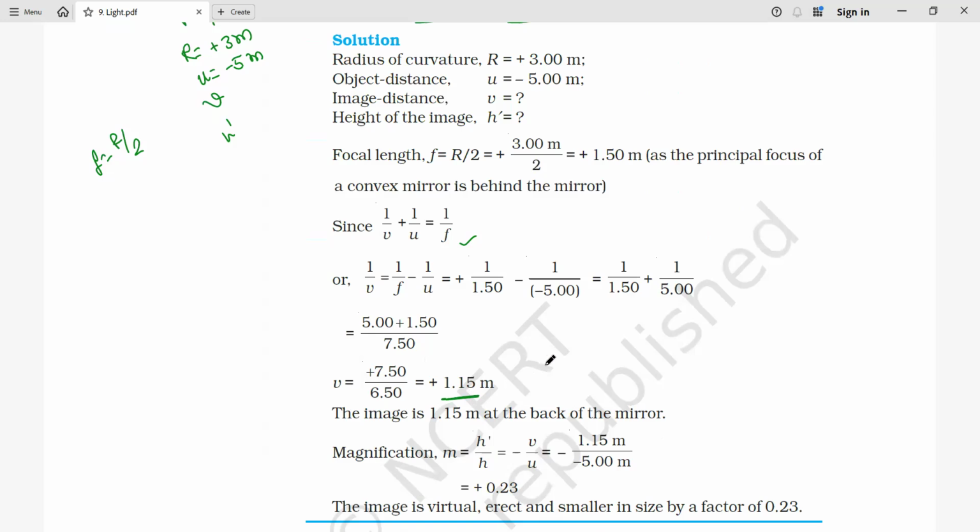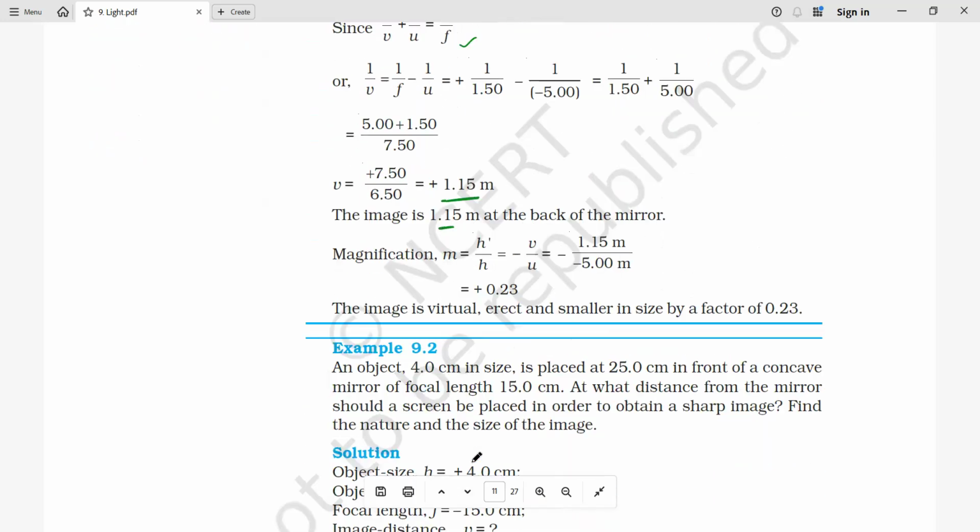You know already it is a convex mirror, and a convex mirror always has a virtual image. So it is right behind the mirror, at the back of the mirror, 1.1 meter. For magnification, h dash by h, or the other formula, minus v by u. Finally it is positive, so it shows that it is virtual and erect, and magnification is less than 1, so it is smaller in size by the factor 0.23.